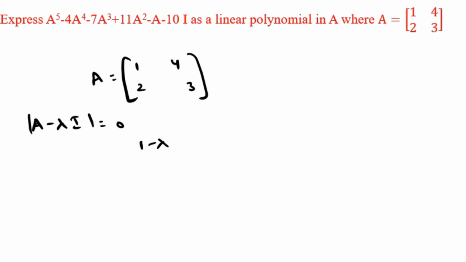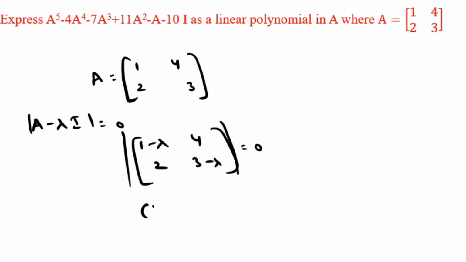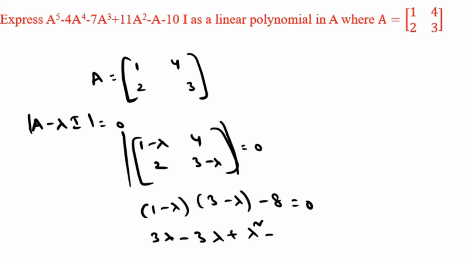Therefore the determinant of 1 minus lambda, 4; 2, 3 minus lambda is equal to 0. Therefore (1 minus lambda) into (3 minus lambda) minus 8 is equal to 0. That is 3 minus lambda minus 3 lambda plus lambda squared minus 8 equals 0.